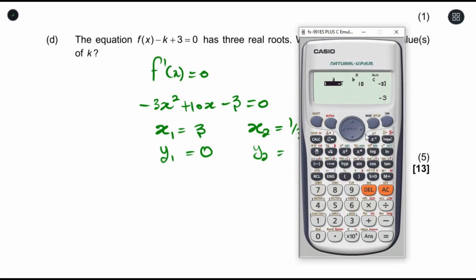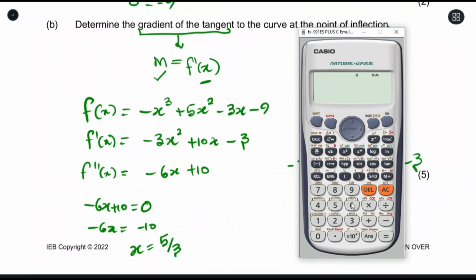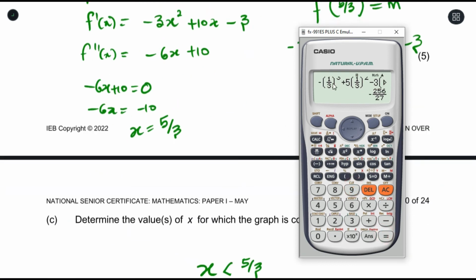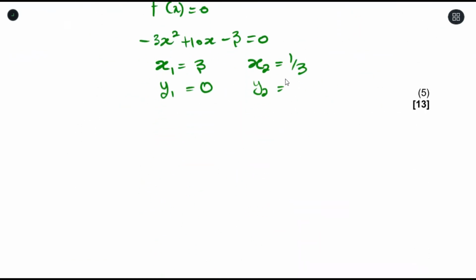So I'm writing negative 1 over 3, plus, okay, so this is negative 256 over 27. There we go, negative 256 over 27.